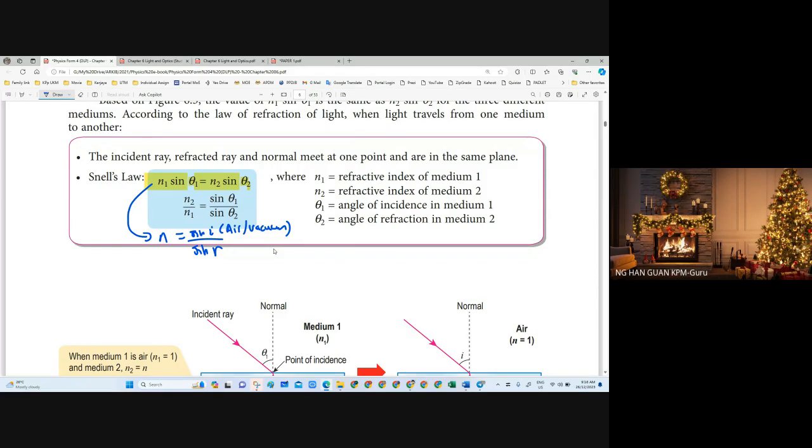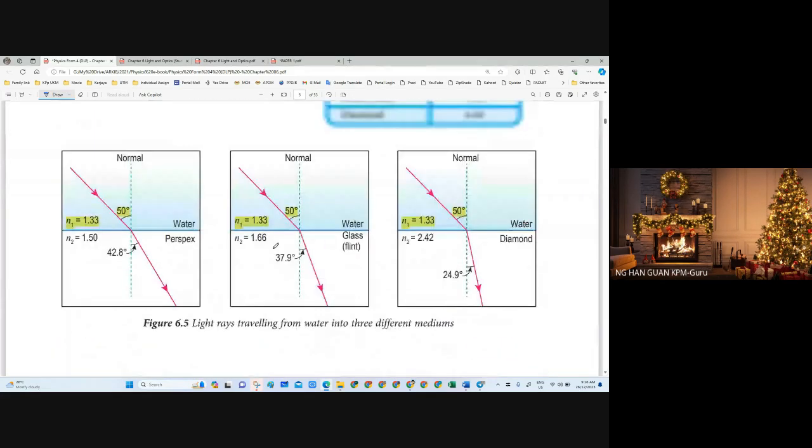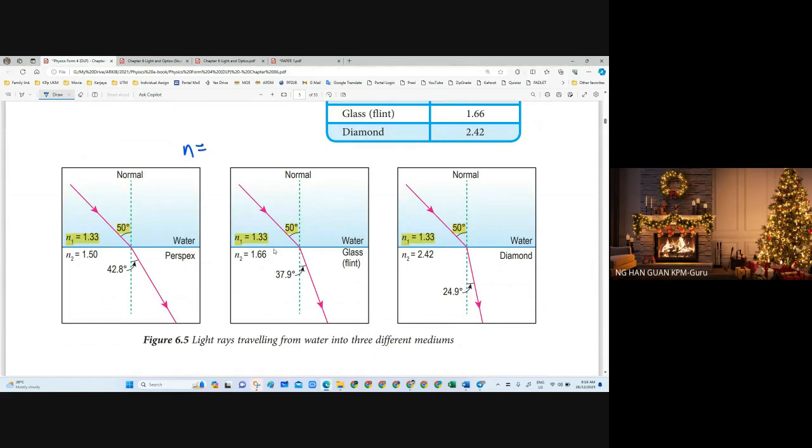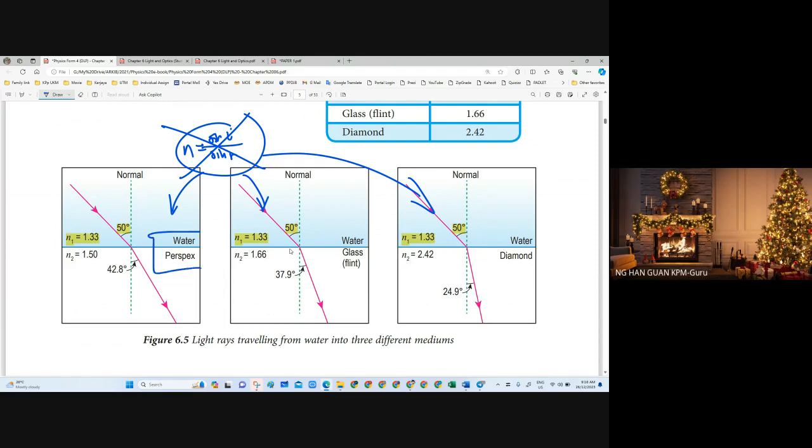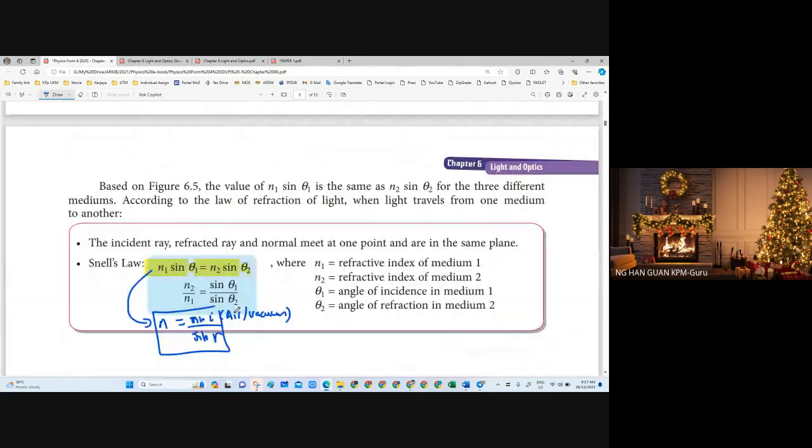So if you want to apply n equals sin i over sin r, you cannot apply it for the cases all here, because the cases here are between water and other media, not between water and air. If it is water and air, or perspex with air, glass with air, diamond with air, yes, you can apply this formula. But if it is between water and other media, not air, you cannot apply this one. You have to apply Snell's law.